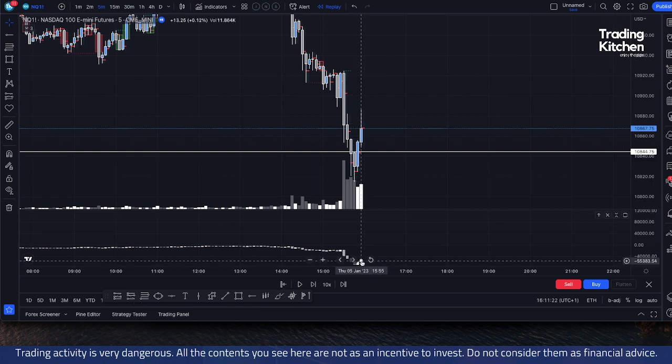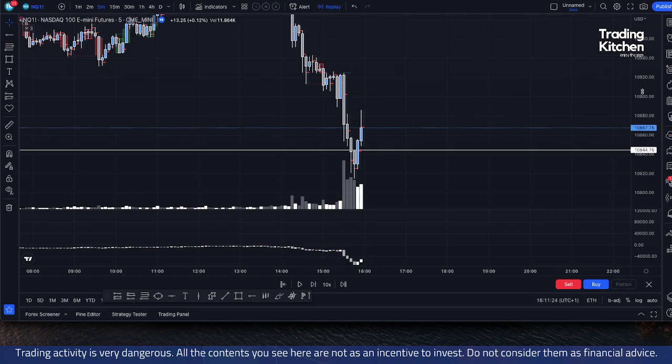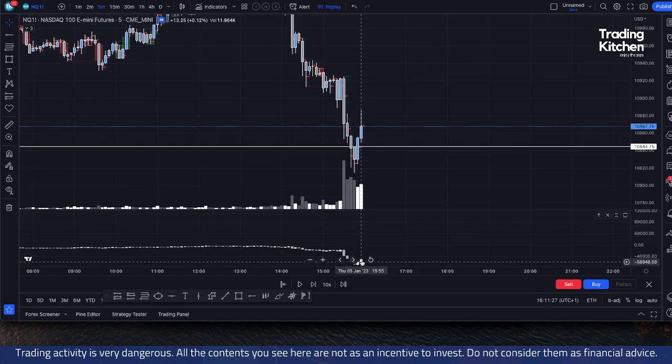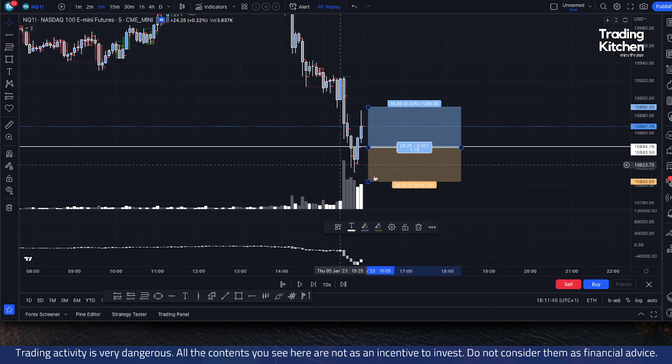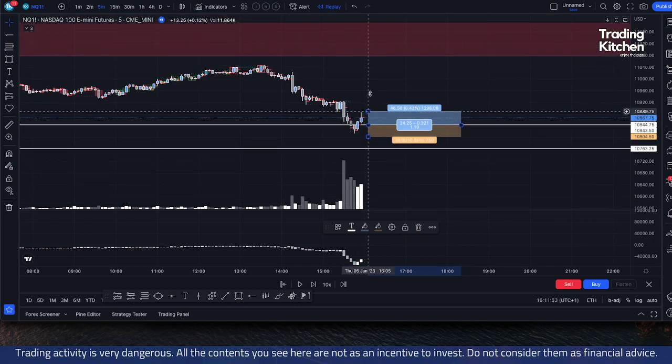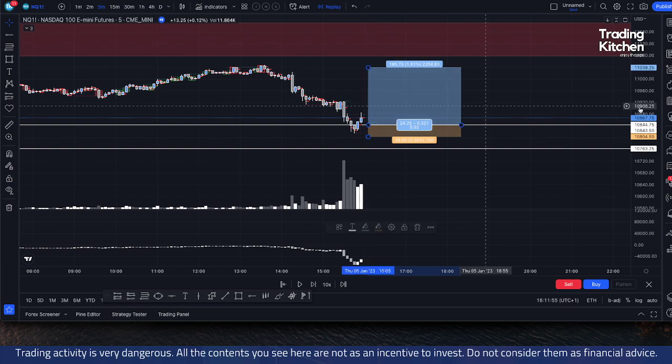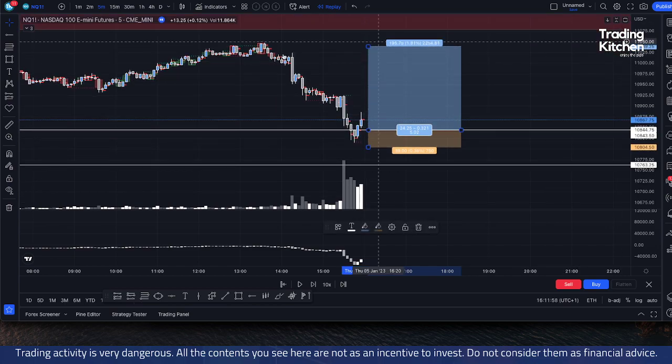CFD confirms, because as you can see we have a breakout of CFD, so my entry will be at the first untested POC here. Stop loss just above, just 1 point more or less, so 4 ticks below the lower low, and this is my TP.